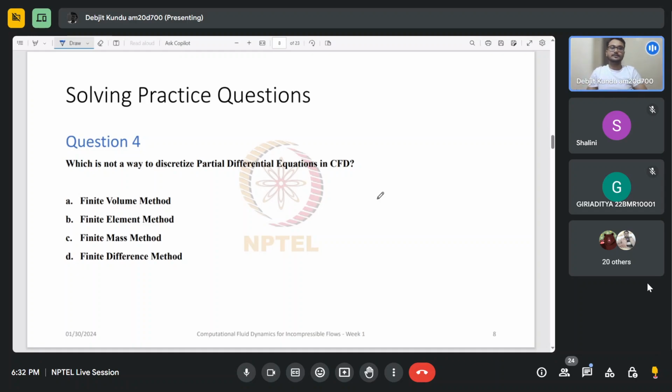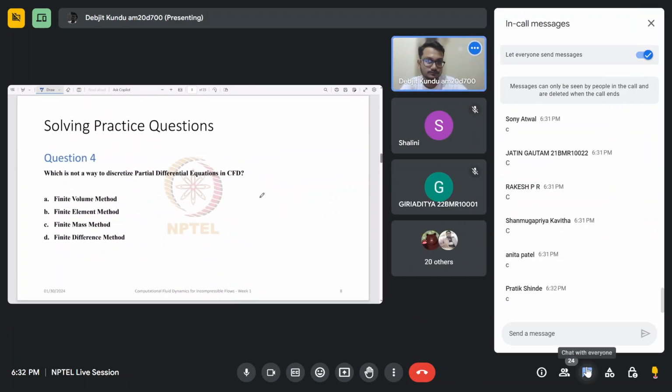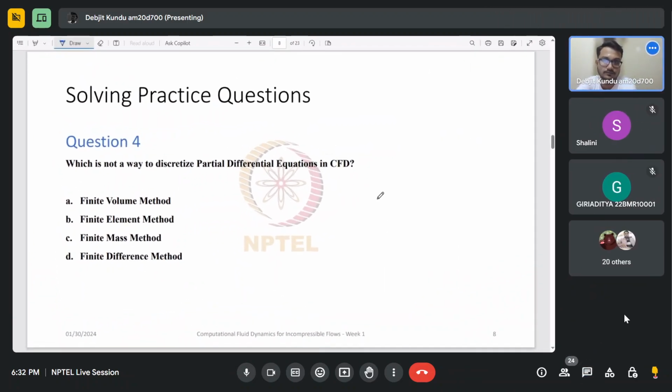So read the question carefully first, and then once you have figured out the solution, just type it in the chat box. So there are four methods given below.